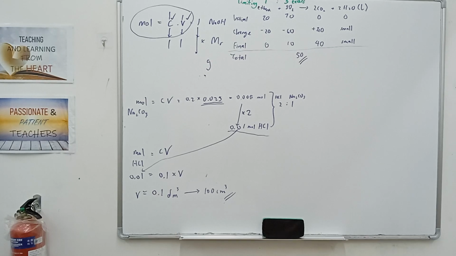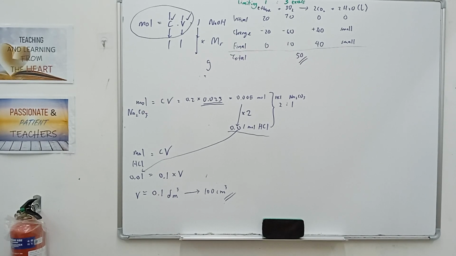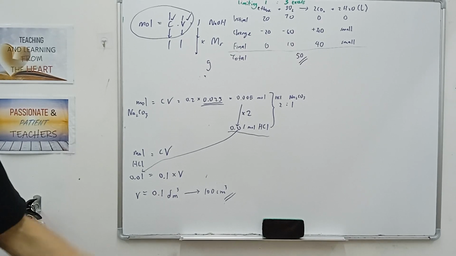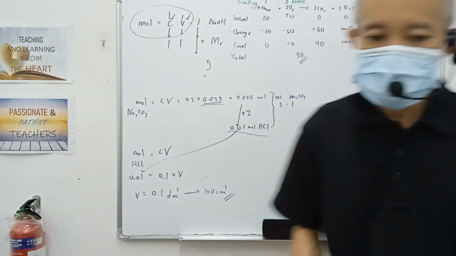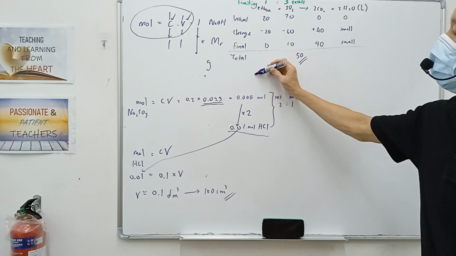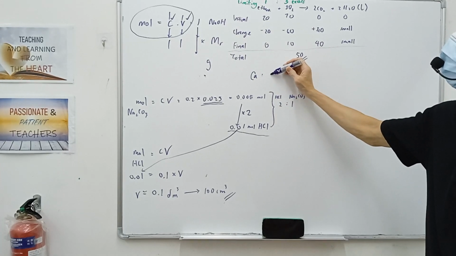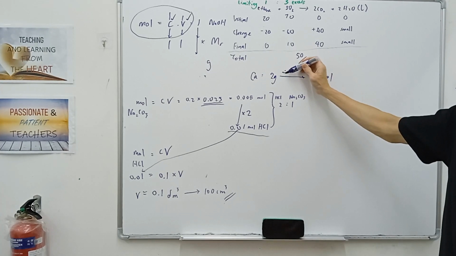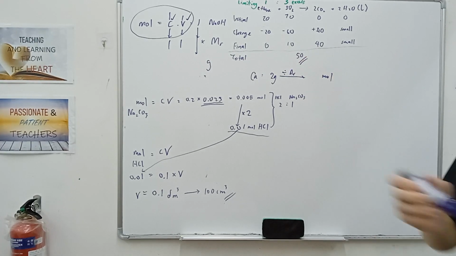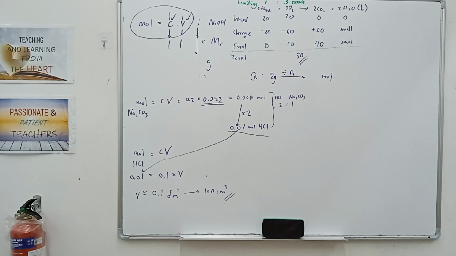Moles are used when you have a reaction going on. So anyway, 2 grams of calcium, how many moles is that? Hopefully you remember this by now. Simply divide by the AR, or in this case it's an element, so I use the word AR rather than MR. So you should get your moles.